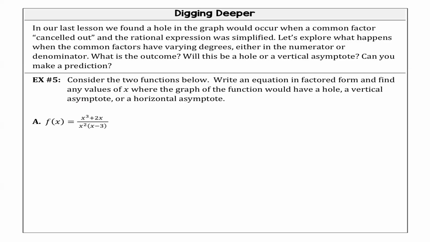So looking up here, what do I need to do before I get started? Factor. What am I factoring out? An x, because that's the GCF. So I factor out the GCF and I'm left with x squared plus 2 over x squared times x minus 3.